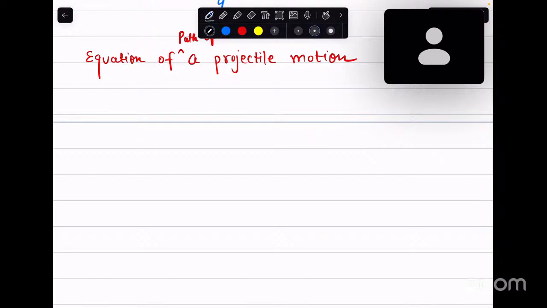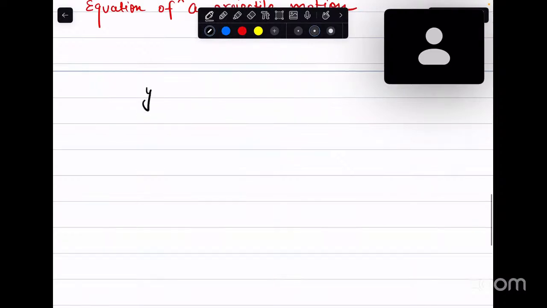So this goes like this: y is equal to tan theta times x minus g upon 2 u square cos square theta times x square.